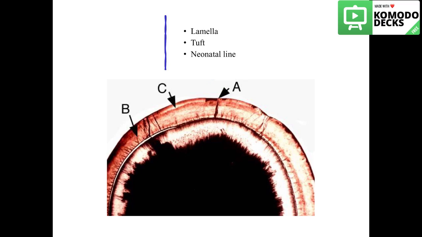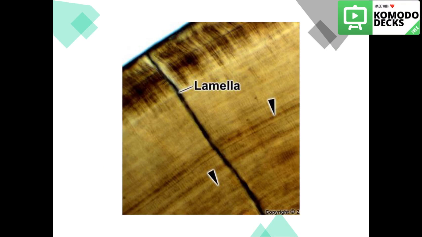Spindles can't be seen in such magnification. They are too small to be seen in this magnification. Lamella can be seen the whole length of enamel.